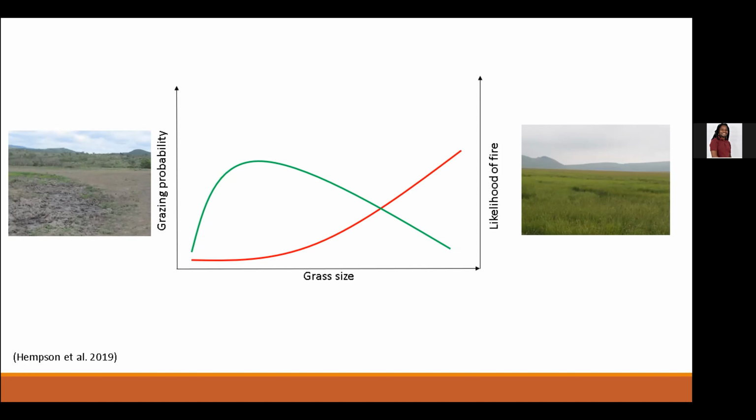And with herbivores grazing, it promotes grasses that are actually quite short and that can tolerate that frequent grazing. And here we come back to what I was talking about, the two different drivers of grass community dynamics. So these basically are the alternative states, basically either you're moving towards flammability or palatability.